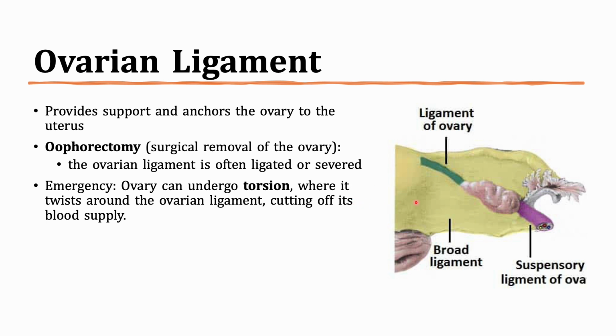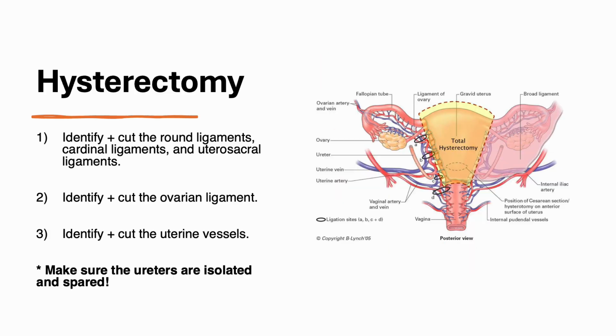Also, when the ovary undergoes ovarian torsion, there's twisting around this ligament of the ovary, and it cuts off its blood supply, and it's actually a medical emergency.